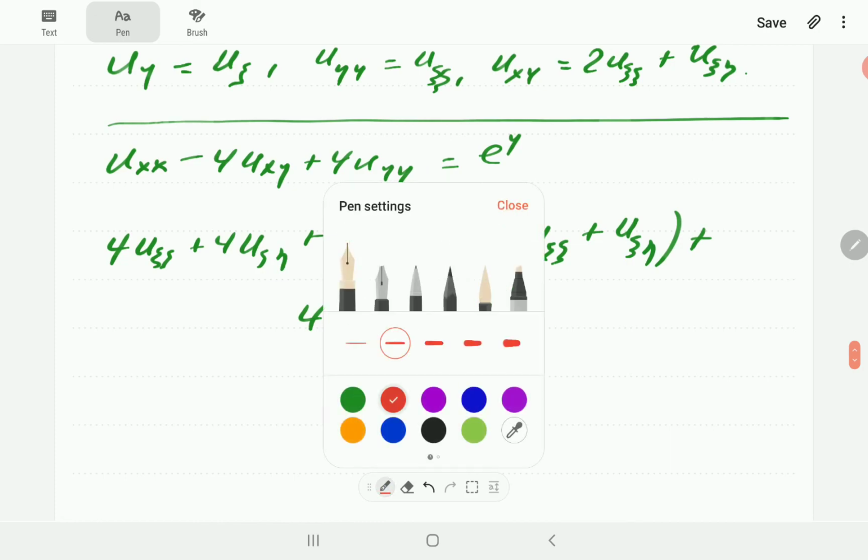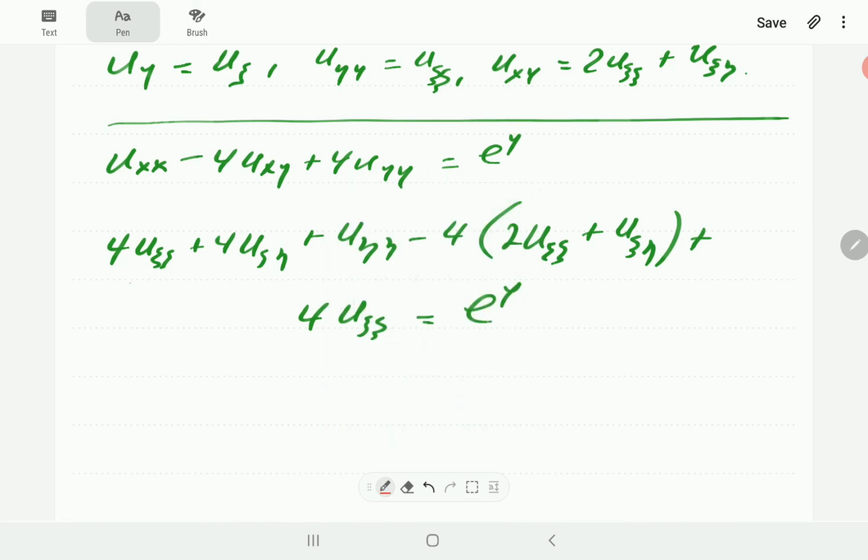If we take the xi xi terms, there's 4 of them here and 4 of them here, that's 8 minus 8, so this cancels out. The xi eta terms, there's 4 of them here, minus 4, cancel out. So we're just going to have this term here. So we have u eta eta is e to the y.